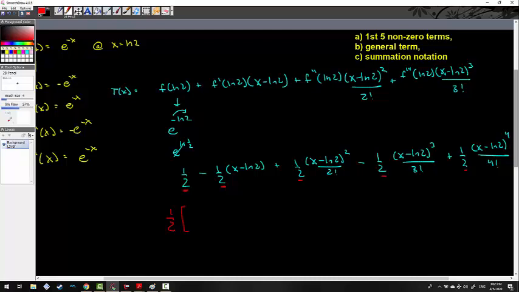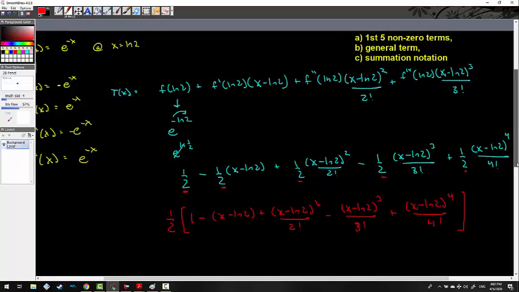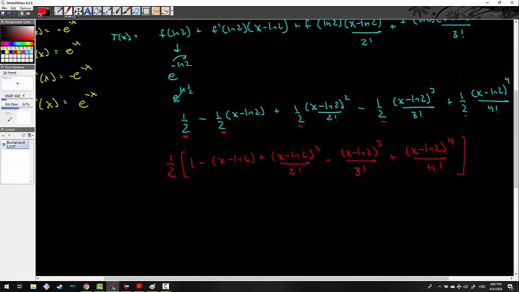And what that gives me is 1 minus (x - ln 2) plus (x - ln 2)^2 over 2 factorial minus (x - ln 2)^3 over 3 factorial plus (x - ln 2)^4 over 4 factorial. Now, why does that help? Well, it helps because now I'm able to determine what this series is going to look like.